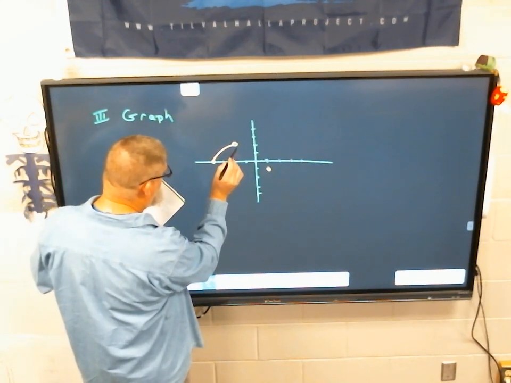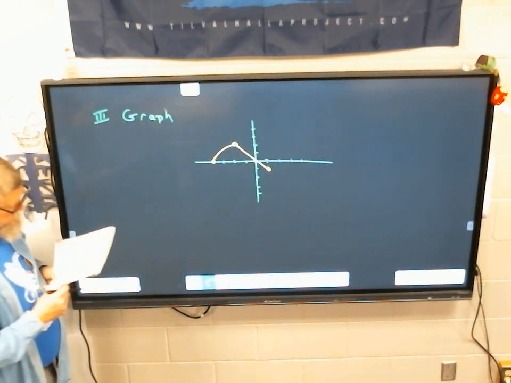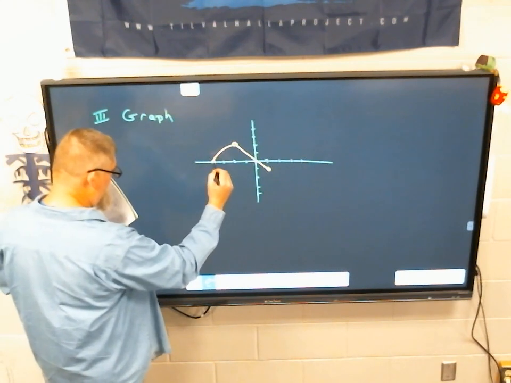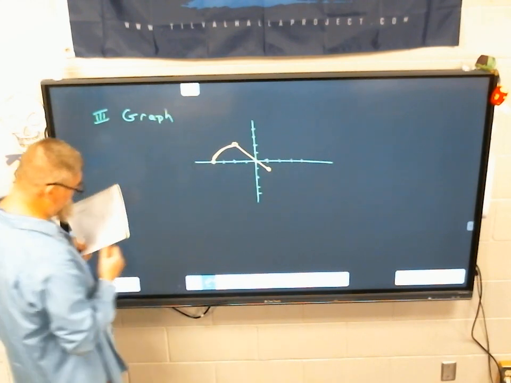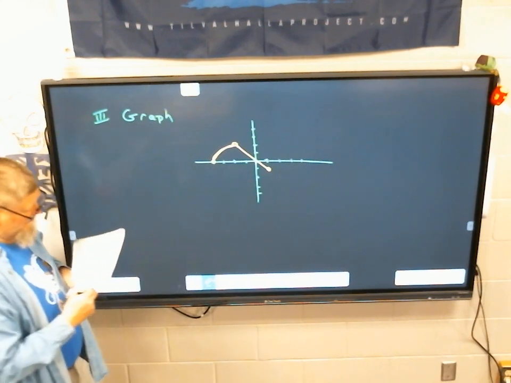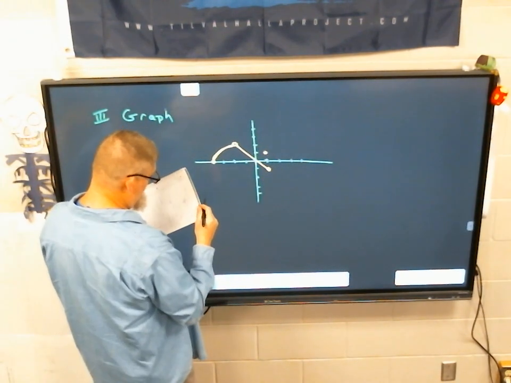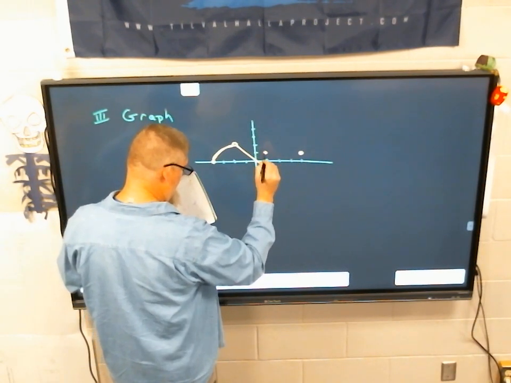And then connect those two open circles. Wait, it's not a curve? No, the second one's not a curve. This first should be a curve here. It's not really a big deal for this example, but that's what it looks like. Straight line between those two. Make a solid dot at 1, 1. At 4, 1, make an open circle and connect them.